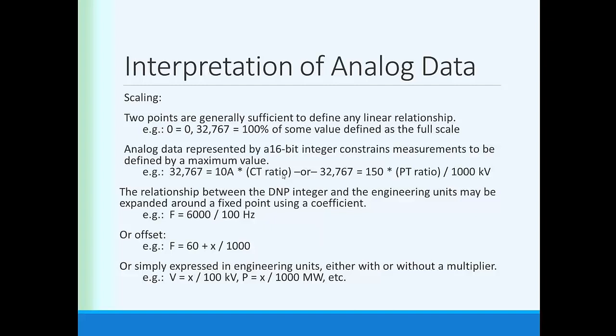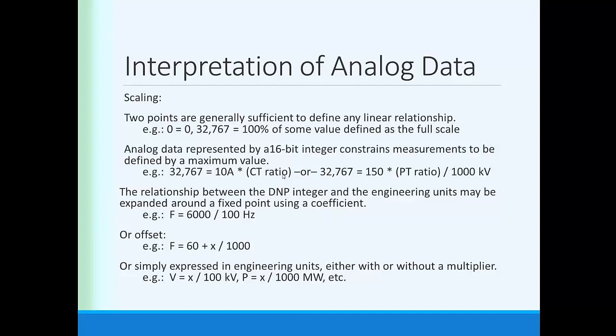I can count up to 16,000. I can represent the primary engineering units in a binary number, and I never have to worry about going over range. Well, that's a perfectly good, legitimate method. Typically, you would be reading in kilovolts, so you would have to take the integer and divide by 1,000. Or you would be reading in megawatts, where you would take the integer and divide by 1,000,000. And then the representation that you get when you do that math is the primary engineering units.